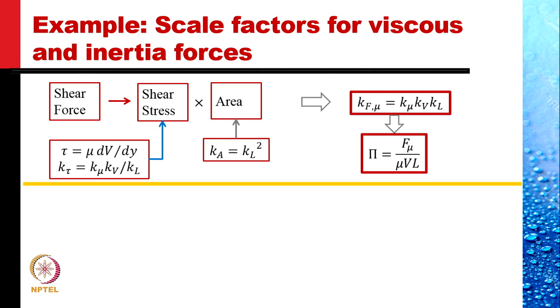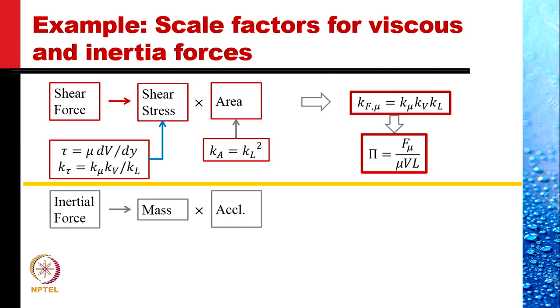Then we do the inertial forces. And as before, the inertial forces are mass times acceleration. Mass is like rho times the volume. So K mass is like K rho times Kl cubed.